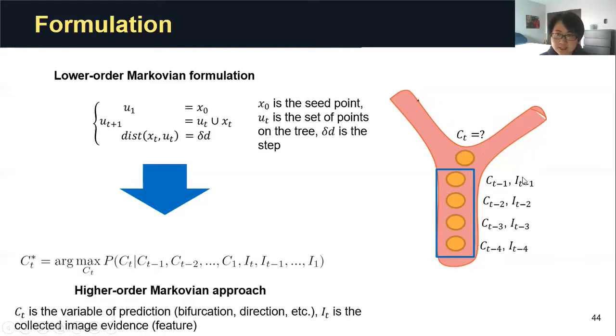The evidence is i_{t-1}, i_{t-2}, etc. So we formulated it into a higher order Markovian formulation, and we're trying to maximize the prediction here. However, in practice, this is an intractable problem. This is very hard to solve in practice.